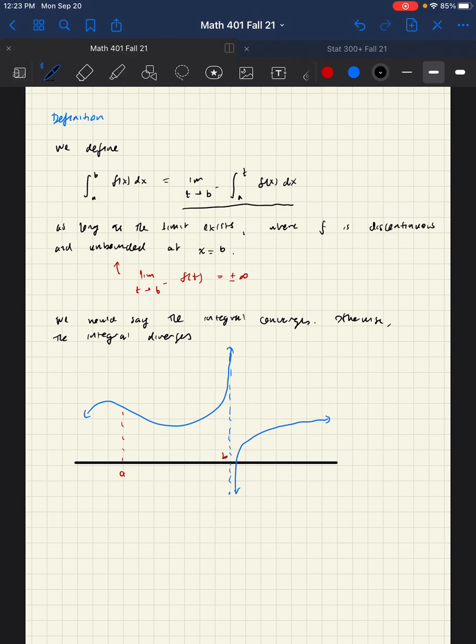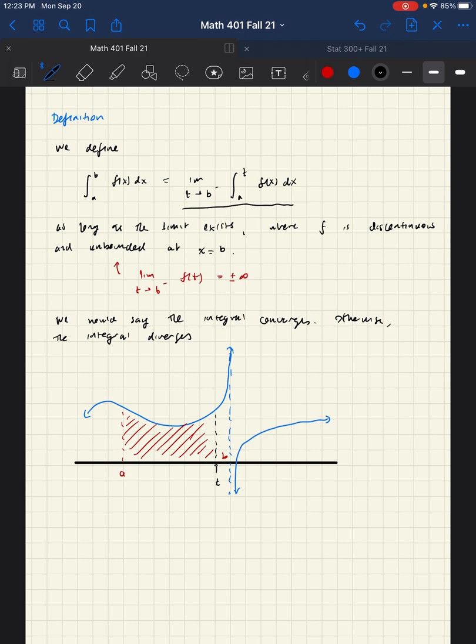Let's call this b. Let's say this is a. And so if I want to find the integral, I'm going to find some point t very close to b, but on the left of b, and I'm going to find that integral.